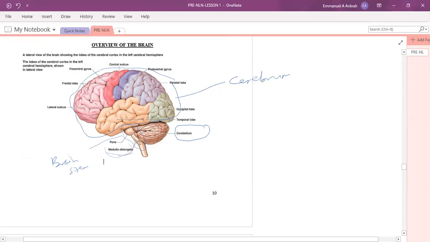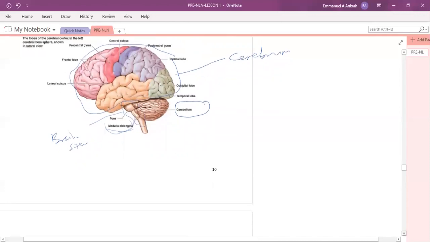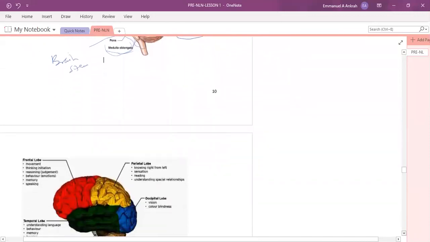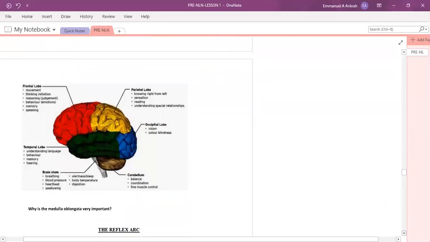The cerebrum is for higher thinking processes. It has different parts: frontal, parietal, occipital, temporal, and so on. Those who have done anatomy and physiology, right? The frontal part is mostly for thinking, initiating movements, your behavior, memory, speaking, and so on.